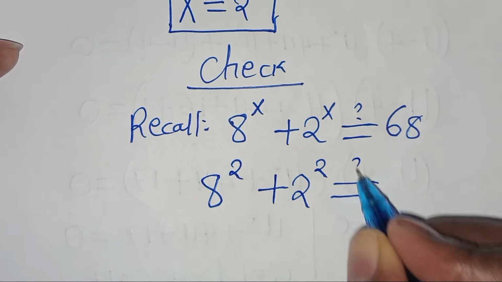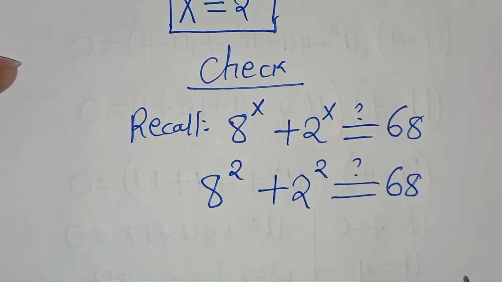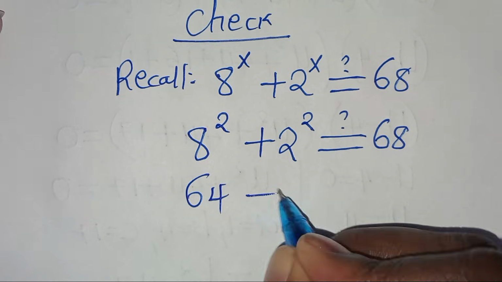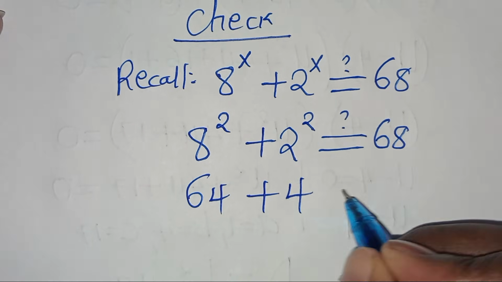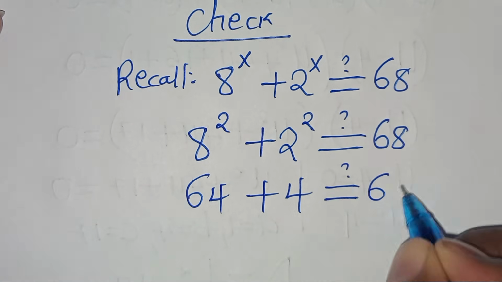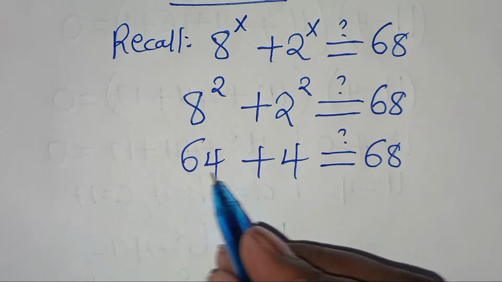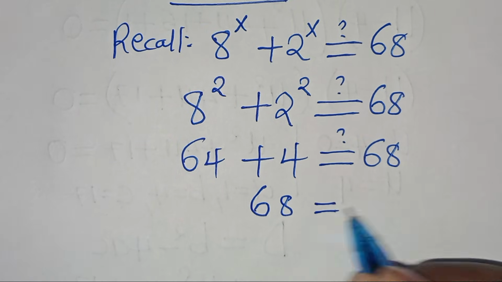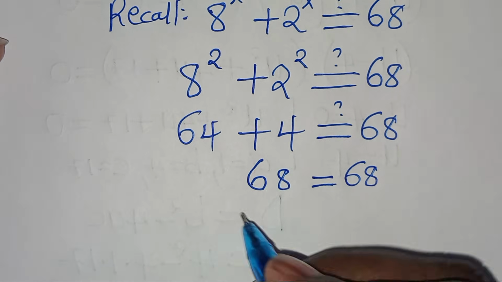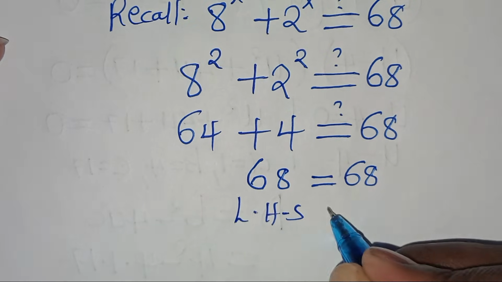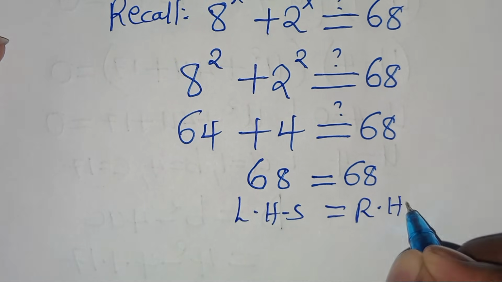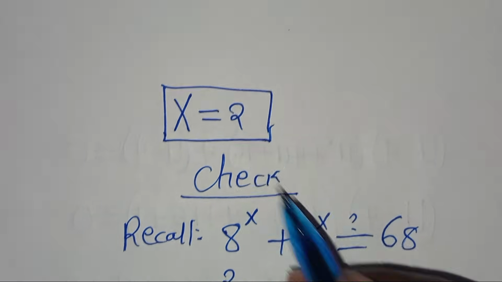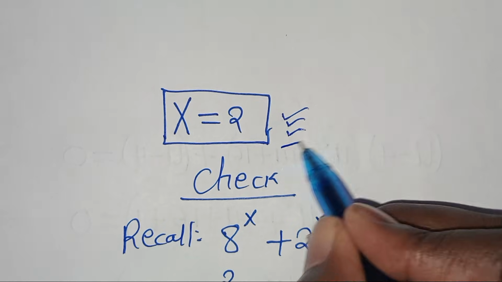This should give us a value of 68. 8 squared, this is equal to 64, plus 2 squared, this is 4, and this should give us a value of 68. 64 plus 4, this is equal to 68. So the left hand side is equal to the right hand side. And what this means is that the value of x, which is 2, satisfies the equation.